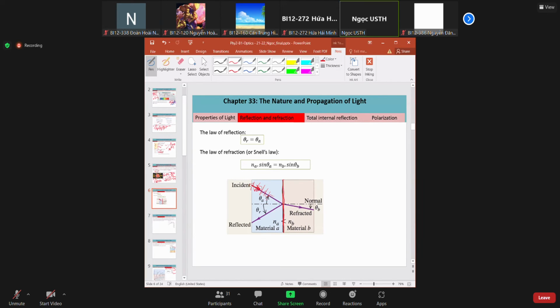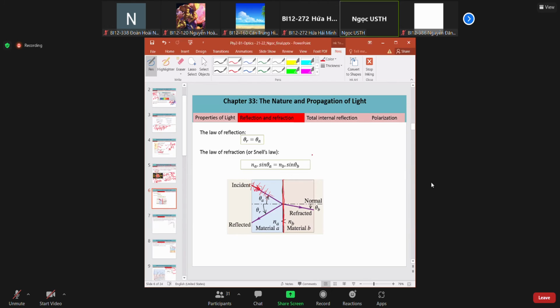At the interface, the first phenomenon we learn is reflection, and the second one is refraction, and then we will learn about diffraction and interference. Many phenomena happen. We go from easier to more complicated phenomena later.